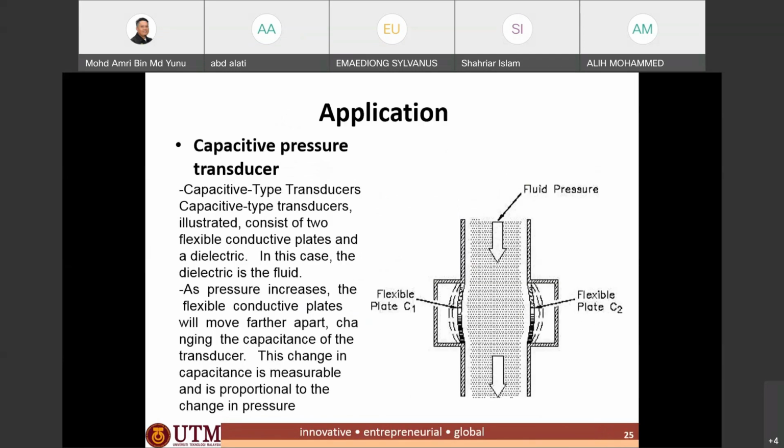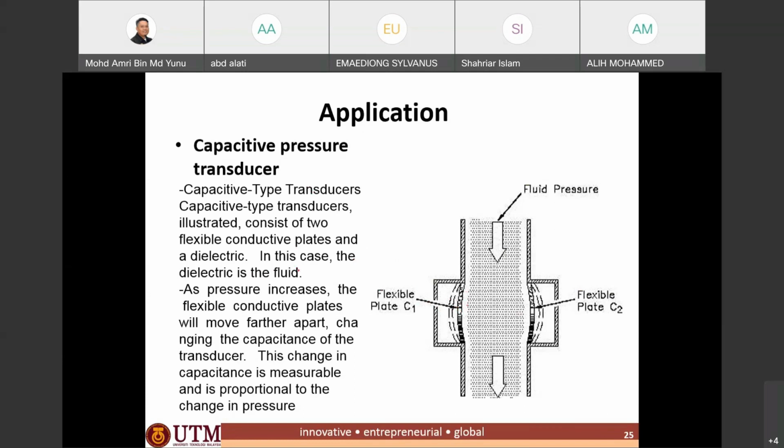So this is one of the applications where the capacitive pressure transducer is used to measure the fluid pressure inside the vessel. In this example, the transducer consists of two flexible conductive plates and a dielectric.